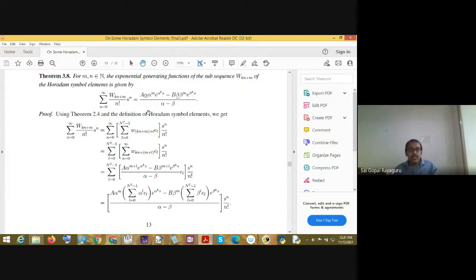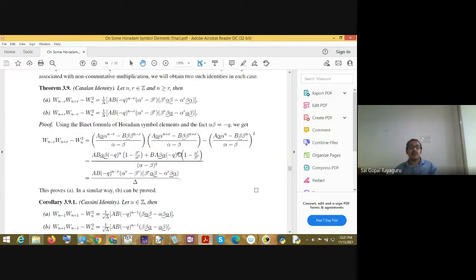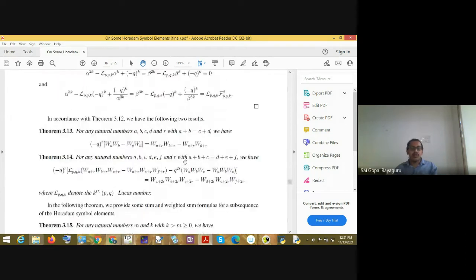Here, as you can see, the generating function contains alpha under bar, beta under bar, again alpha raised to the power m, then e raised to the power alpha k product with s. These are some properties. I am simply scrolling down; those who are interested can go through it.